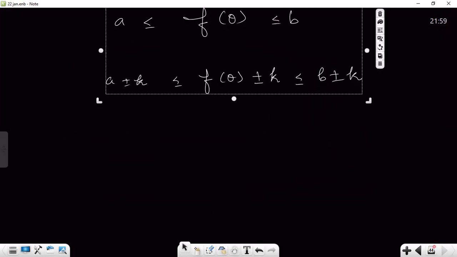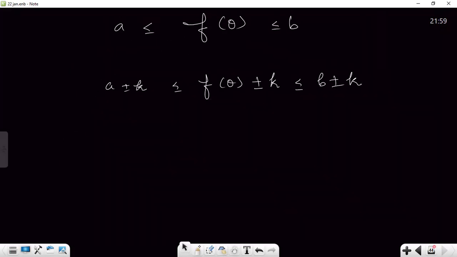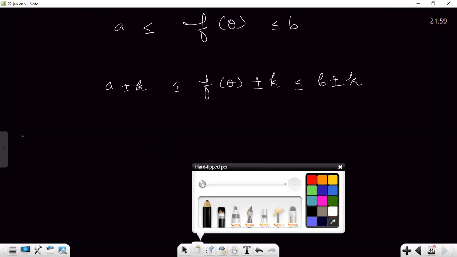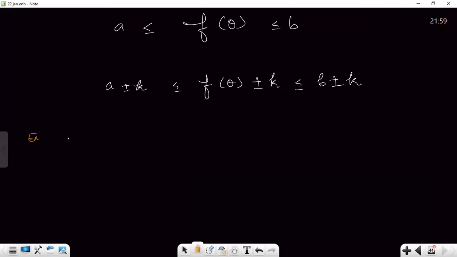You are aware of this example. Function of 3 sine theta plus 4 cos theta plus 5. Now we know the range of 3 sine theta plus 4 cos theta. Its range is simply plus 5 and minus 5.